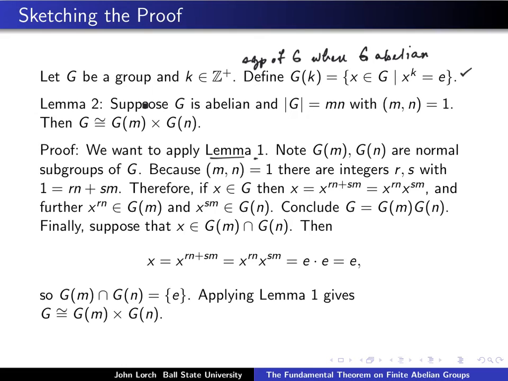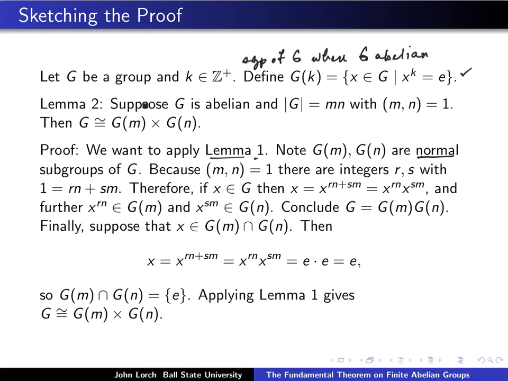So first of all, these subgroups, G of m and G of n, are normal subgroups of G, and that's because our group G is abelian, and every subgroup of an abelian group is normal. So the reason G of m and G of n are normal is because G is abelian.